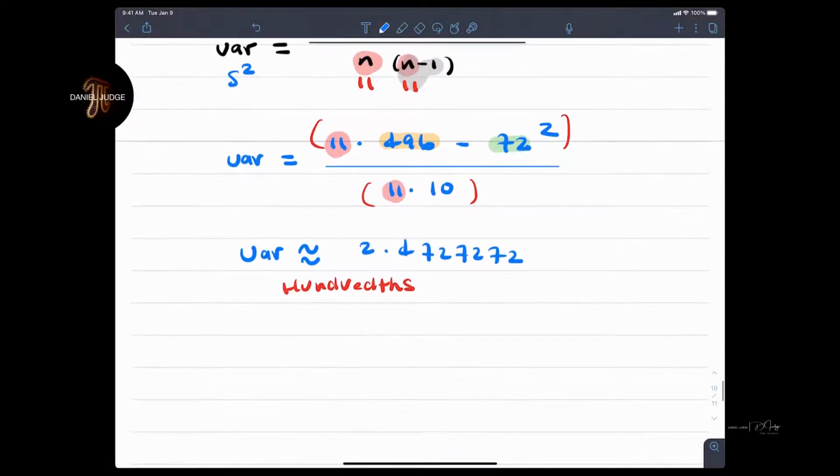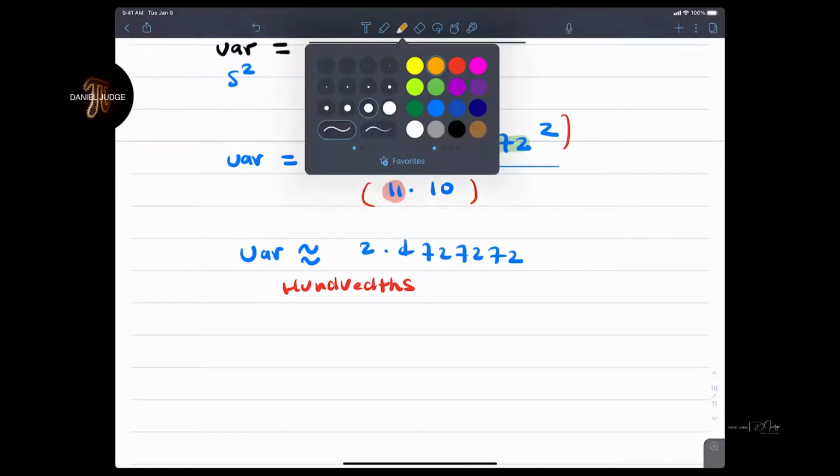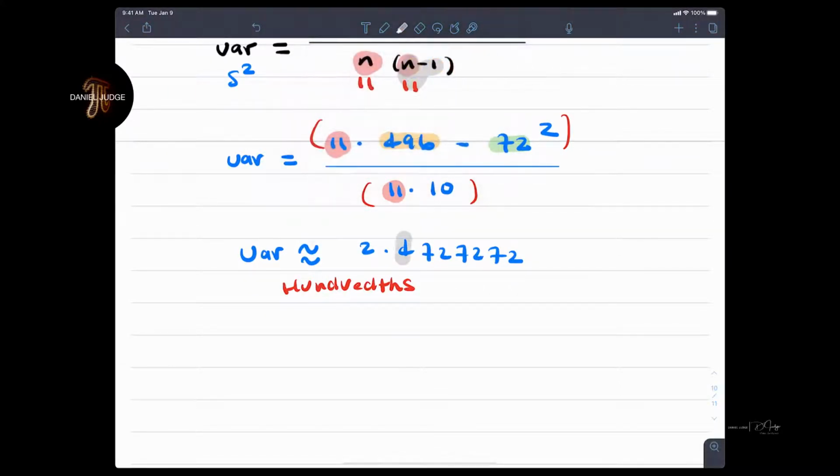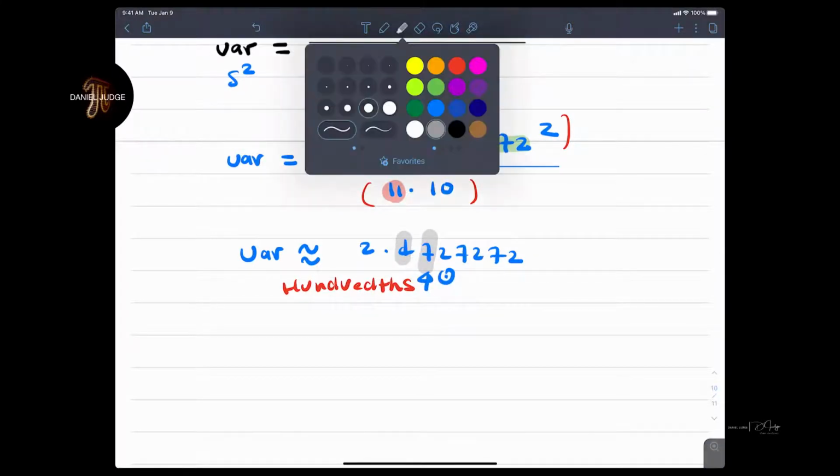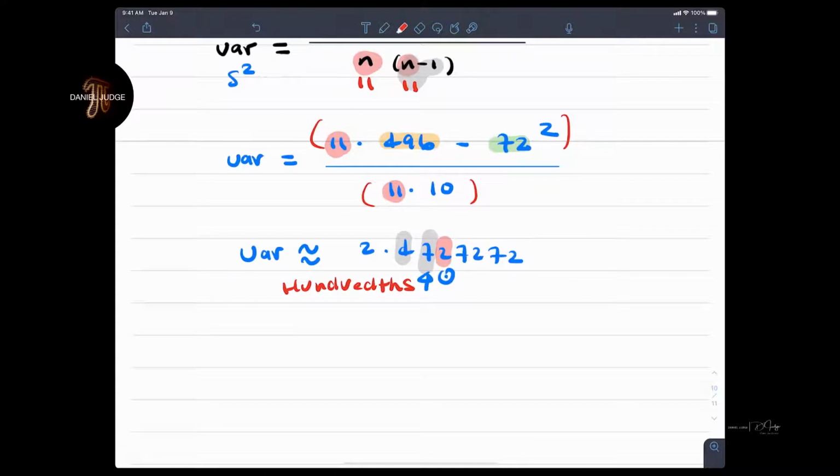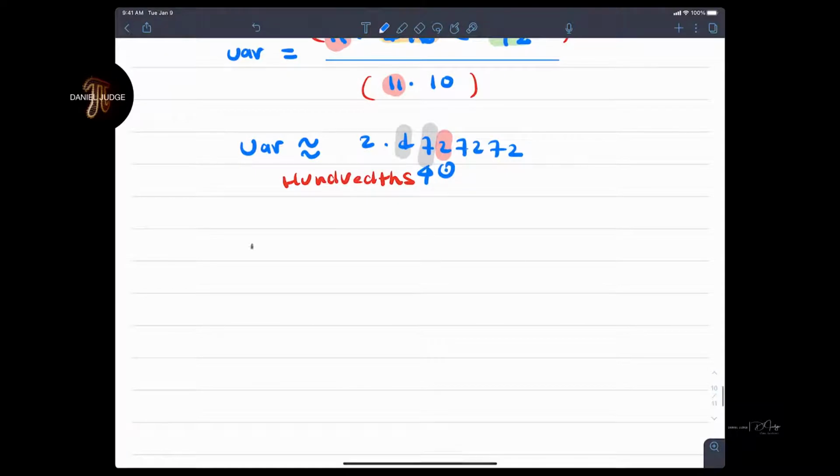The hundredths now is in, let's check. We got the tenths, we got the hundredths position. We look at the digit to the right, and the digit to the right, ladies and gentlemen, is a 2. So that digit to the right of the 7 in the hundredths position is a 2.